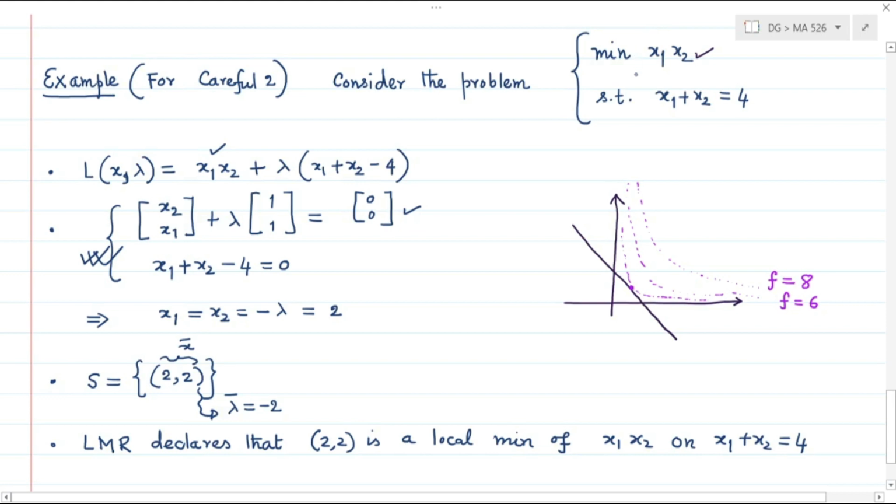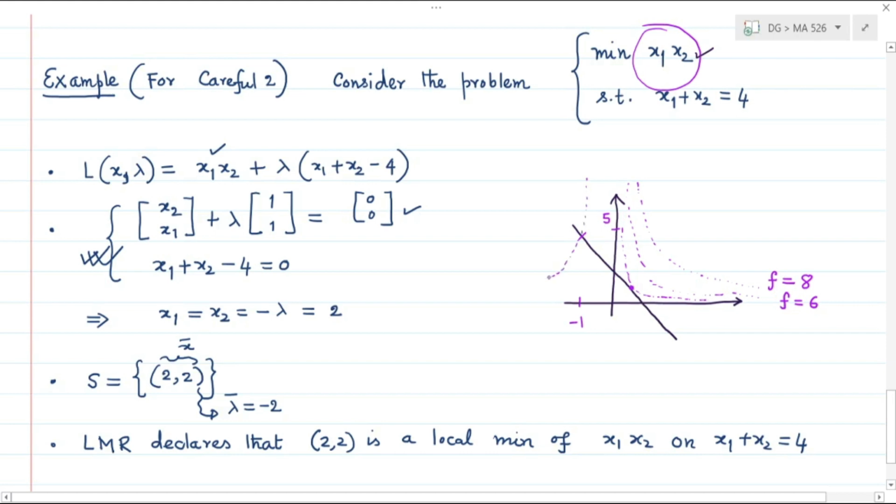This function decreases indefinitely along the line, because obviously if I consider a particular point, let's suppose I have here x1 equal to -1 and y value equal to 5, then the product is -5, and you have the contour passing through this point.